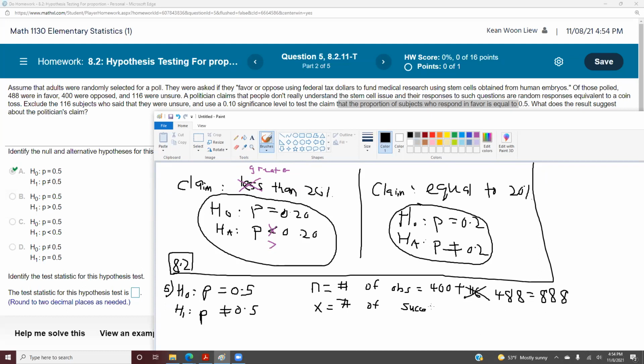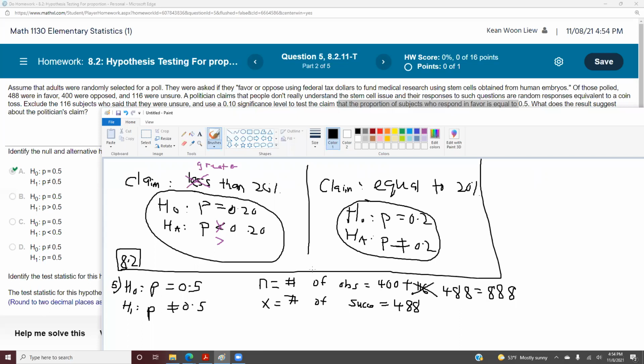And the number of successes, X: are we taking 488, 400, or 116? Based on the claim, we are talking about those in favor, and how many in favor in this case? 488. Yep.